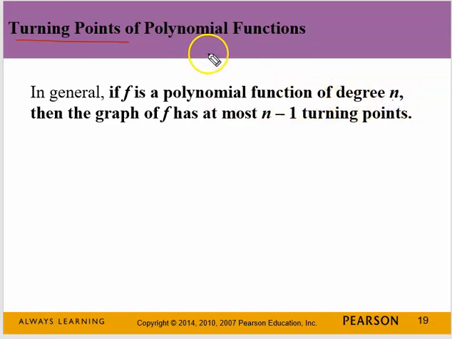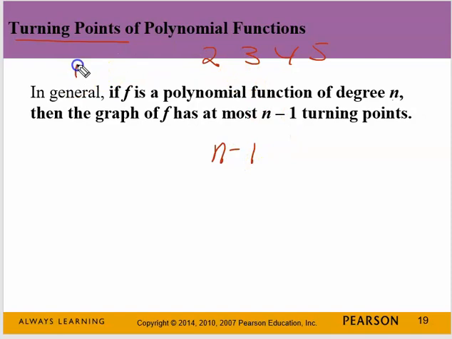So, polynomial, if it's going to be a quadratic, which is 2, 3, 4, 5, these are the degrees. How many places will the curve turn? That's what they're saying here. And the formula for this is going to be n minus 1.